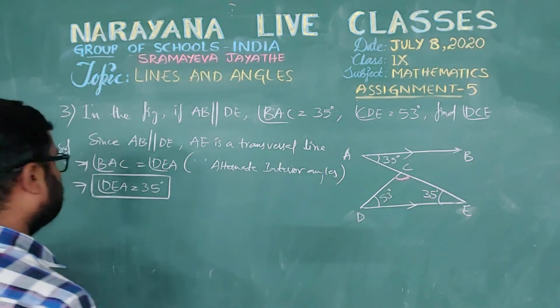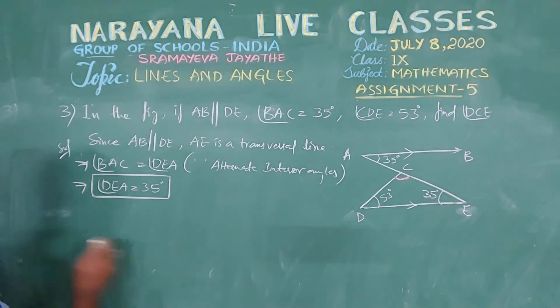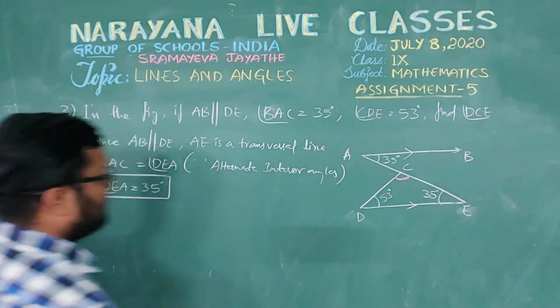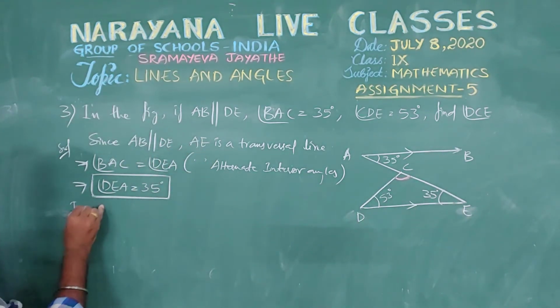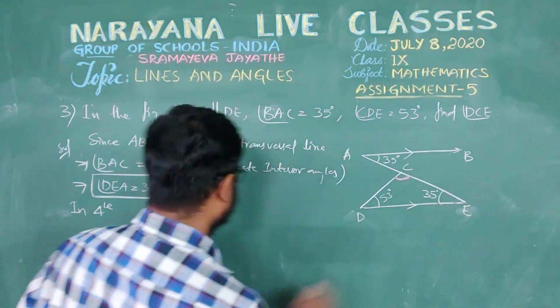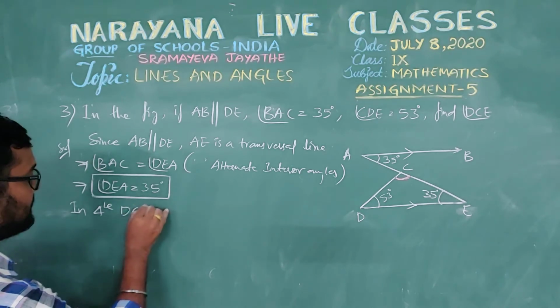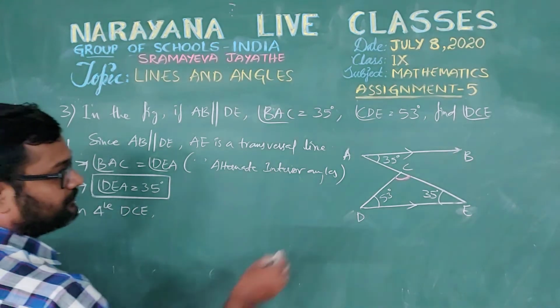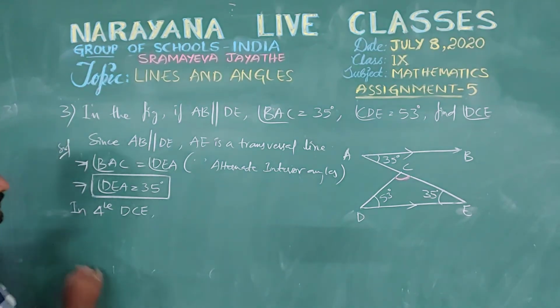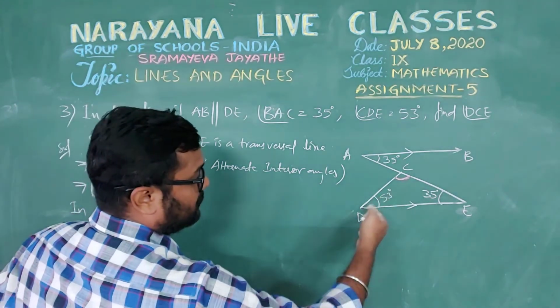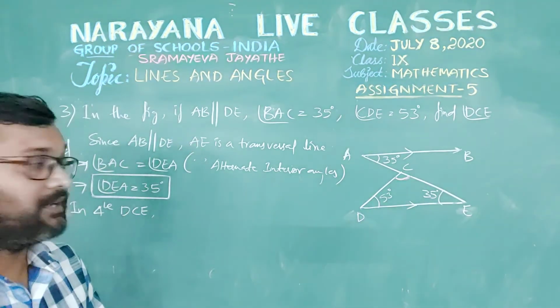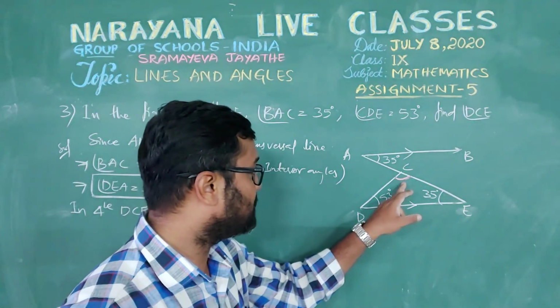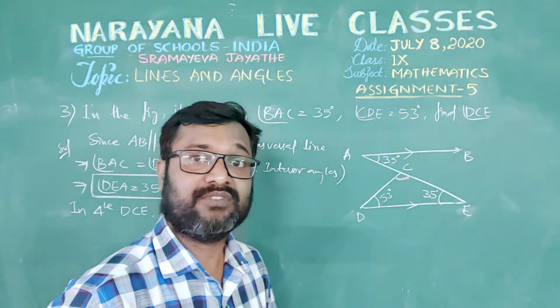So now that we have that angle, let's find the angle DCE. In triangle DCE, by the angle sum property, this angle plus this angle plus this angle is 180 degrees.